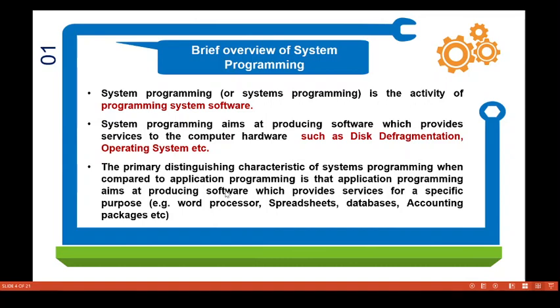Like I mentioned earlier, there are two types of software: system software and application software. Now, the primary difference between system programming and application programming is that application programming has been designed for a specific purpose. For example, WhatsApp. Can you use the WhatsApp application to design a poster? No, you cannot do that, because it is purposely designed for communication, sharing information between friends. It's a social media platform.